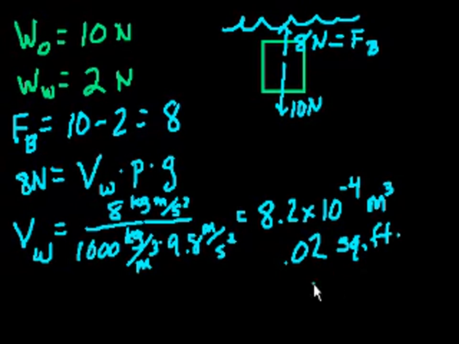And in a cubic foot, there's actually, let's see, 12 to the third power, 12 times 12 times 12, is equal to 1728, times 0.02. So this is actually 34 cubic inches.